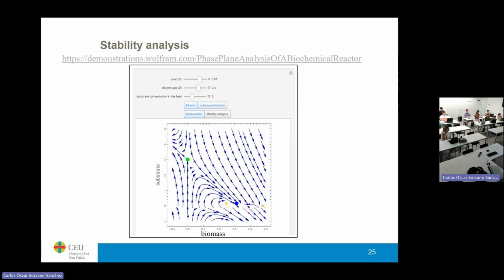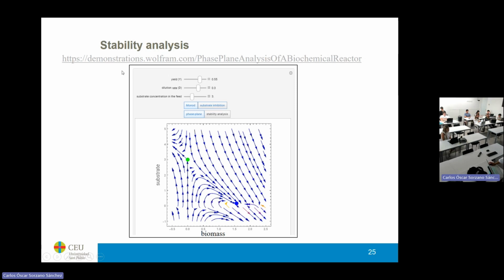So this is a stable equilibrium point, and this is an unstable equilibrium point. The gradient goes away from it or it goes to it. So you can analyze your system: once you have defined your differential equations, which are the equilibrium points, and what is the stability of those equilibrium points. This is the other part of the notation.